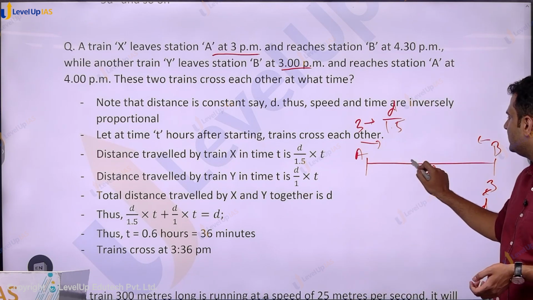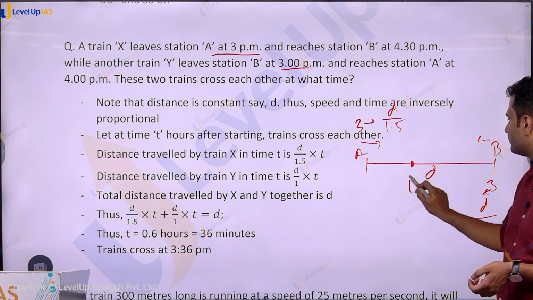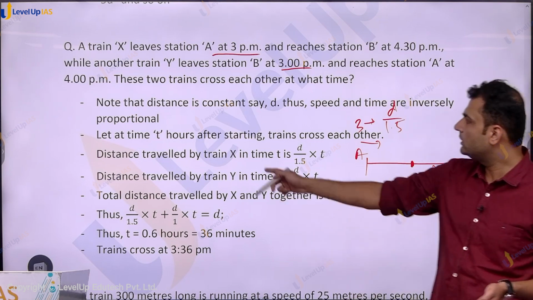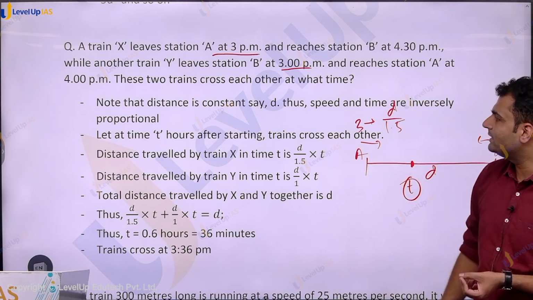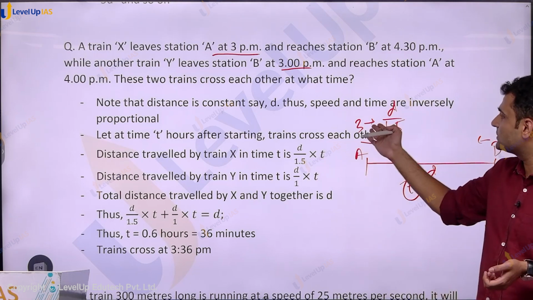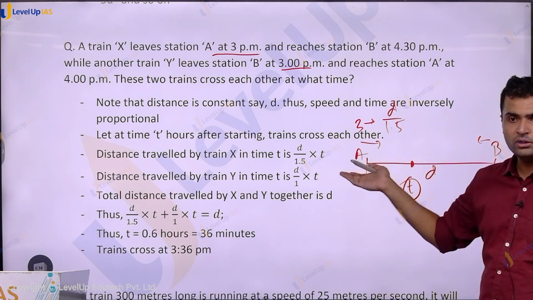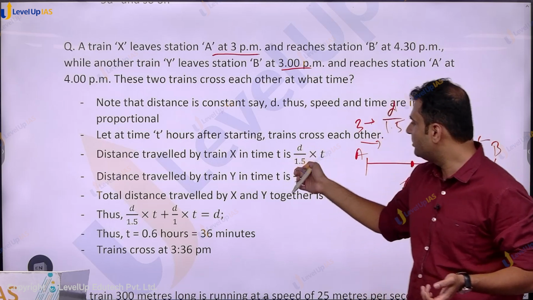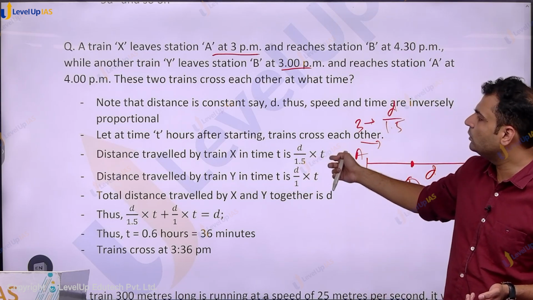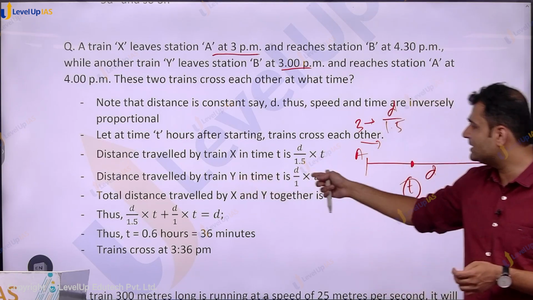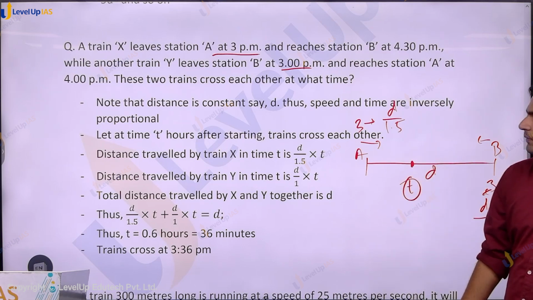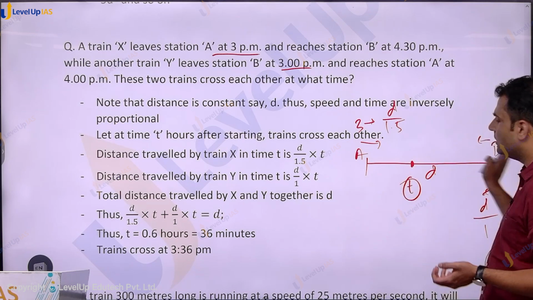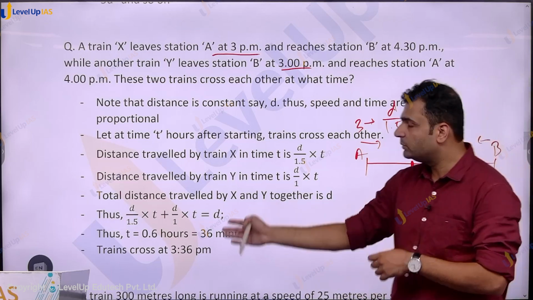Let us assume that they meet after time T. They meet after T hours after starting, the trains cross each other. So at this T hours, distance traveled by this train is speed into time, so D by 1.5 into T, and distance traveled by Y is D by 1 into T. And total distance together they travel when they meet is D. Because there are two conditions.